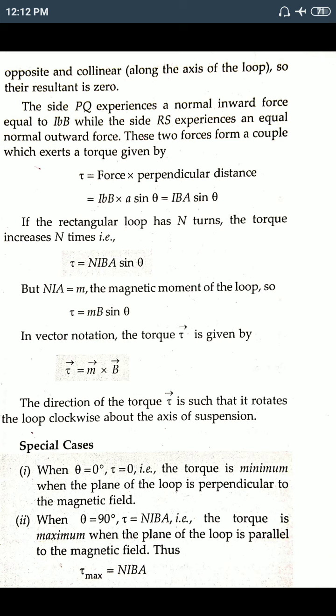Just keep these two things in your mind: when the loop is perpendicular to the magnetic field we get the minimum torque, and when the loop is parallel to the magnetic field we get the maximum torque.